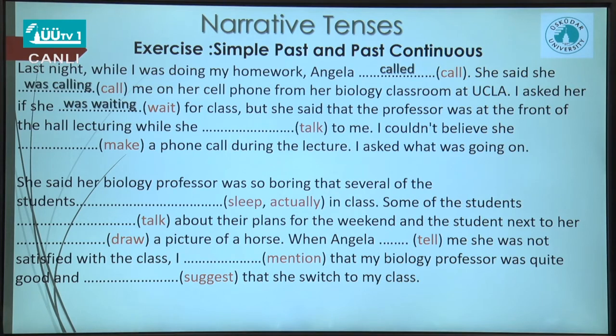But she said that the professor was at the front of the hall lecturing while she was talking to me. I couldn't believe she was making a phone call during the lecture. I asked what was going on. She said her biology professor was so boring that several of the students were actually sleeping in class. Some of the students were talking.